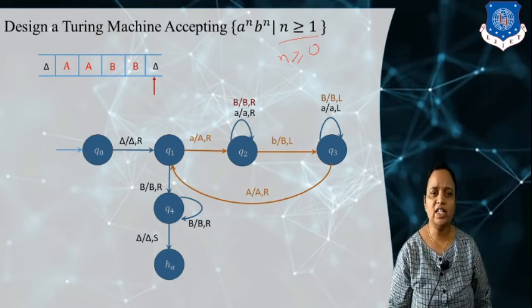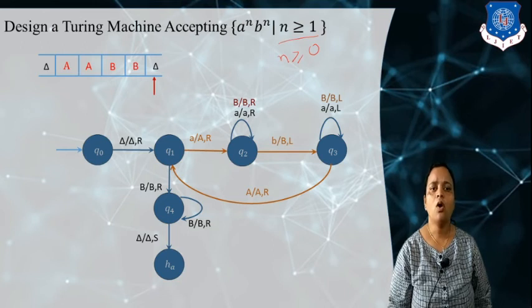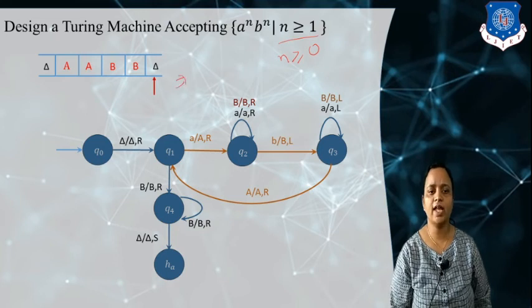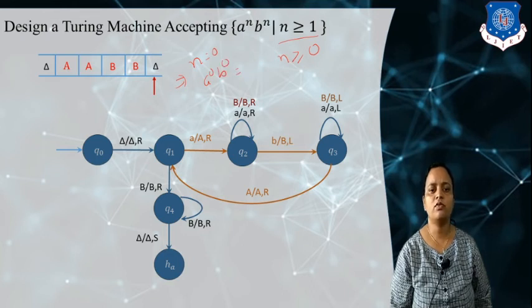Only one change we have to make is, if n is 0, my valid string is of minimum length a raised to 0, b raised to 0. So we need to accept the null.